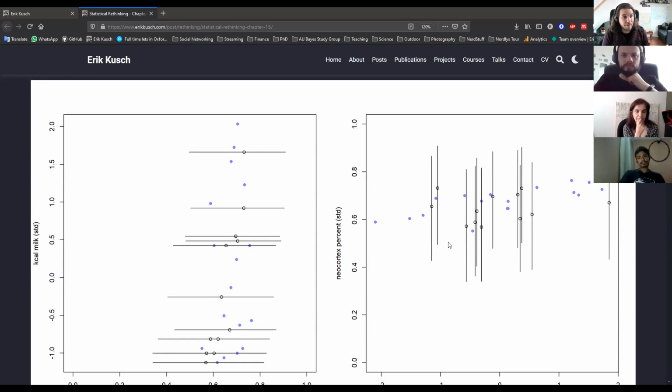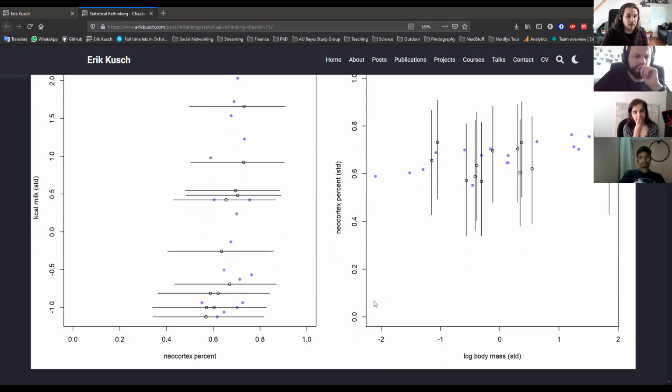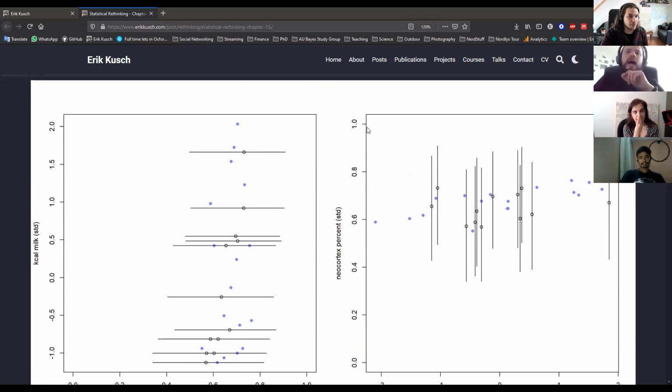But I think the reason we see these very big error bars here is because it's flat out the prior. There's no information. Well, you're not learning it. No, it's not flat out the prior. If it was flat out the prior, then these bars would extend all the way from 0, because it's uniform. Yeah, I remember. So we definitely did learn something here. I would just like to point out that we don't have a lot of data points to begin with.